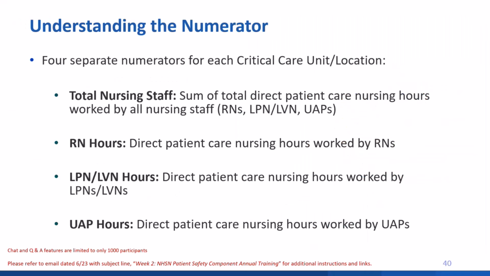So numerators and denominators. So numerator would be the nurse staff hours, right? So you have total nursing staff hours. So that's the sum of all RNs, LPNs, and UAPs for that particular unit, or just RN hours for a particular unit, or LPN, LVN hours. Again, this is direct patient care for that particular unit, and then UAP hours for a particular unit.